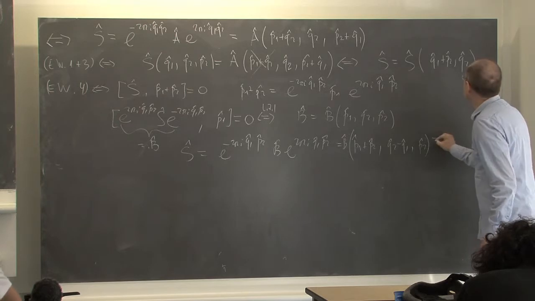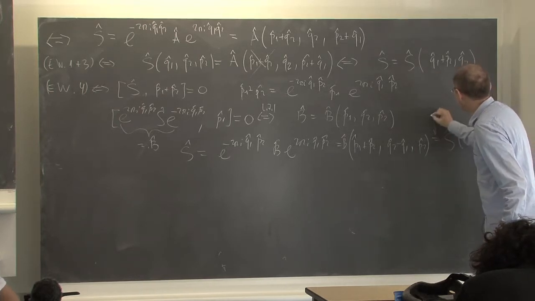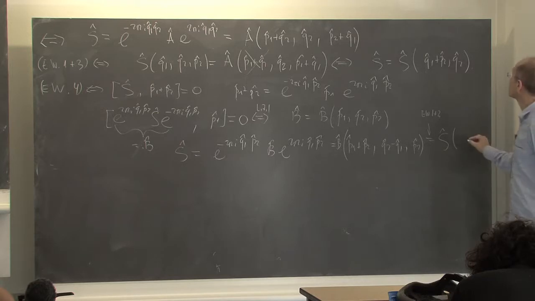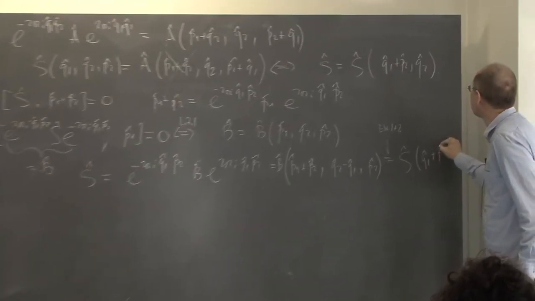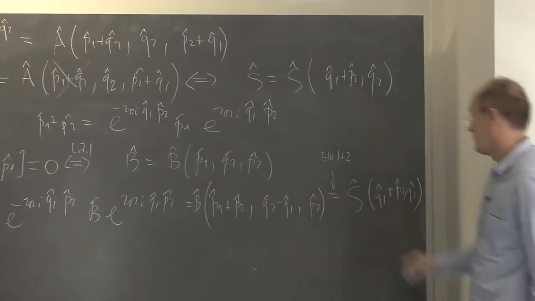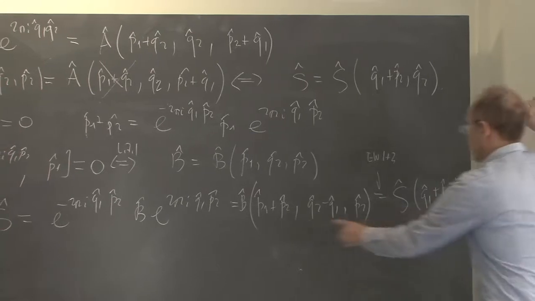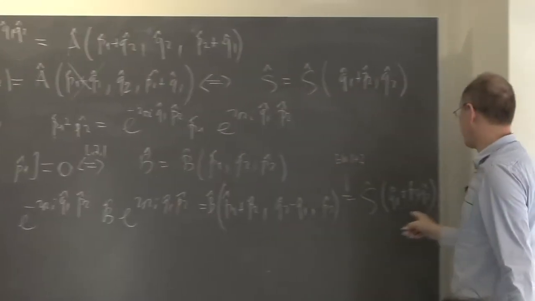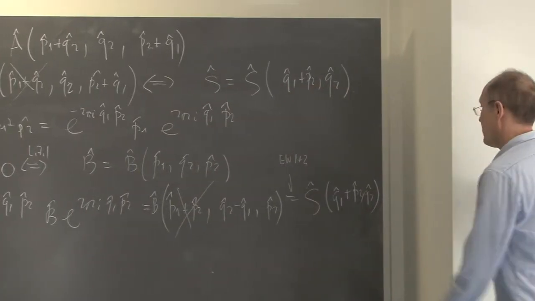And this should be equal to S hat plus EW 1 plus 3. Right? This should be equal to that. Q1 hat plus P2 hat, Q2 hat. And what we see here, first of all, P1 should not show up at all. So we cross out this part.